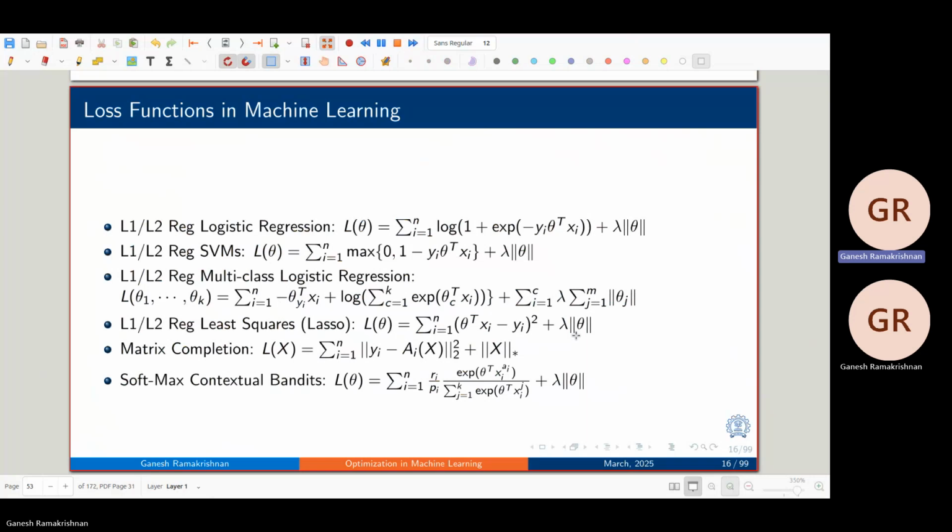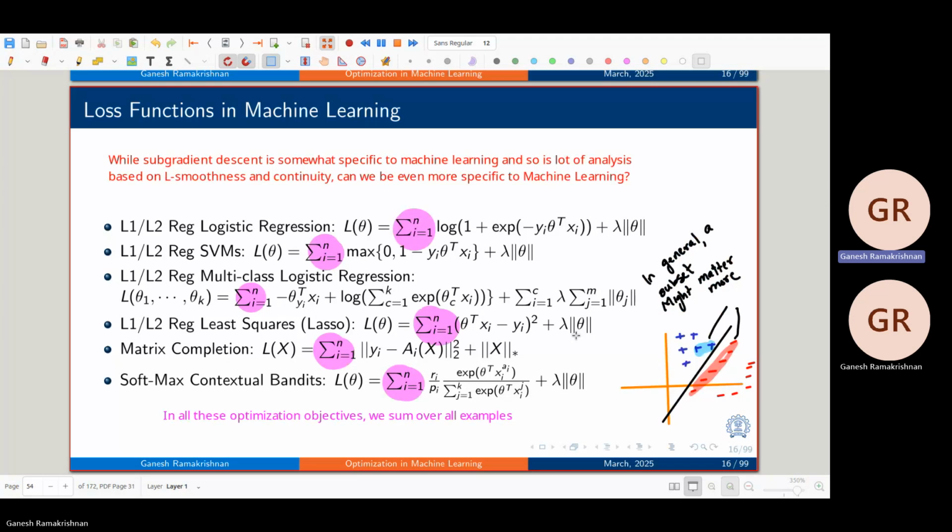All these loss functions have, as you can see, a summation over data points, whereas whether we did accelerated or any of these variants, we computed the gradient of the entire function. So I'm going to dive a little bit into this next important story. Right, so what happens if you have a summation sitting here?